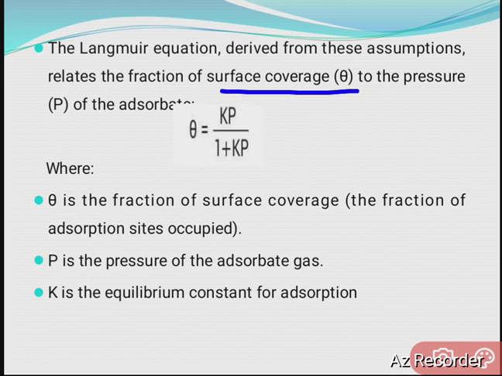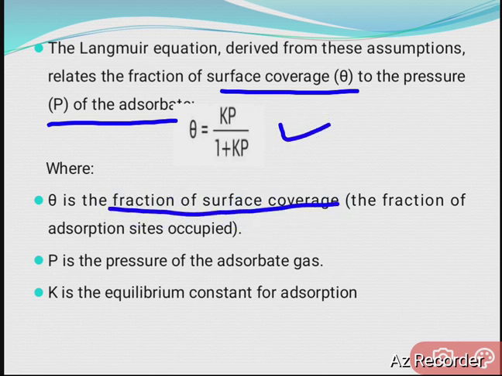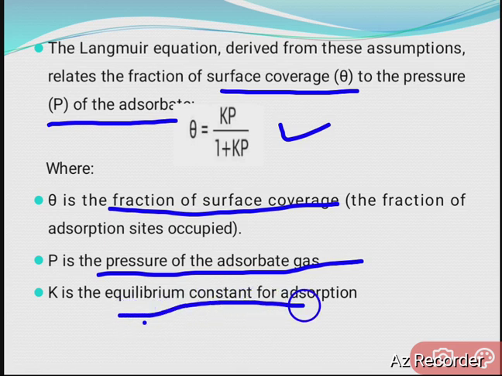Theta, the fraction of the surface covered by adsorbed molecules, as a function of the pressure P is given by theta equals Kp divided by 1 plus Kp. Here theta is the fraction of the surface coverage and P is the pressure of the adsorbate gas. And K is the equilibrium constant for the adsorption. Okay, this is the expression for the Langmuir isotherm.